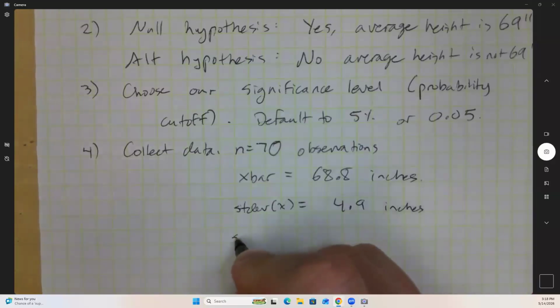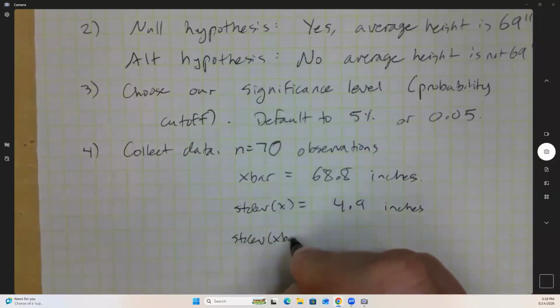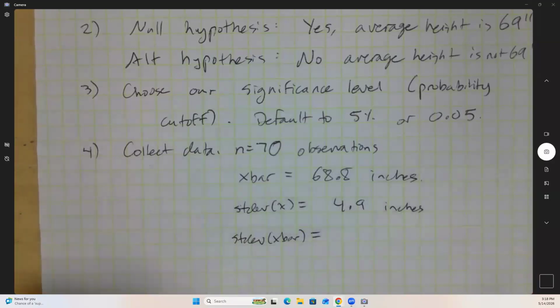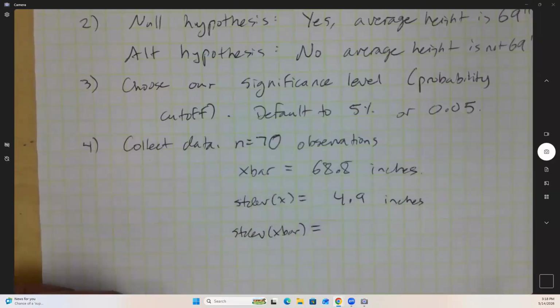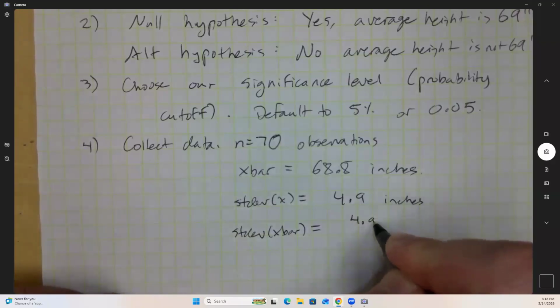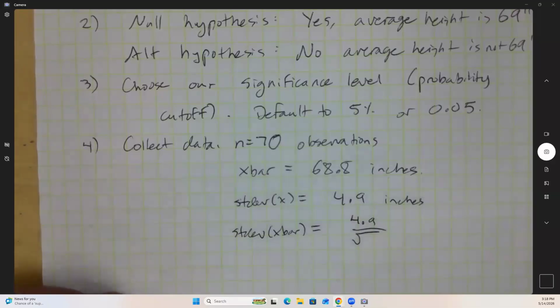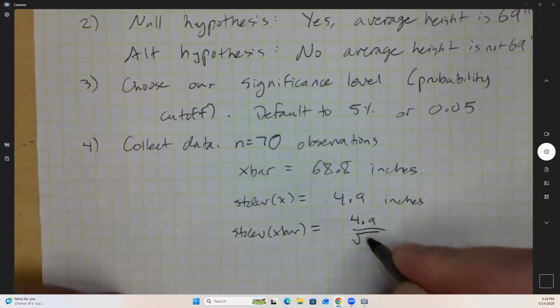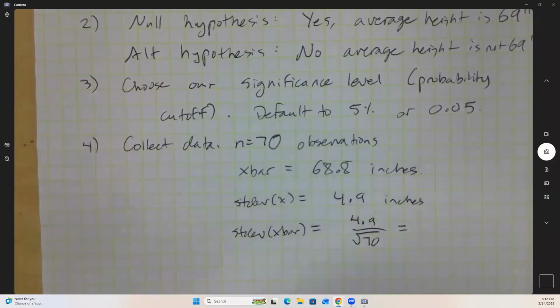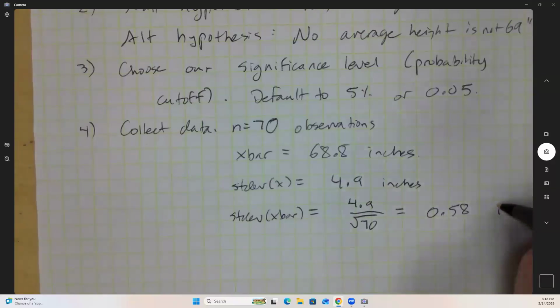And that tells us the standard deviation of our sample means in the boring world should be 4.9 divided by the square root of what? 70, because that's our sample size. Yep. And I can tell you that is 0.58. Technically, the units are the same. It's still inches.